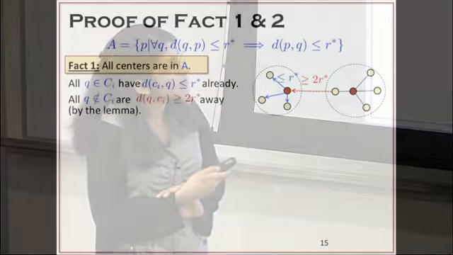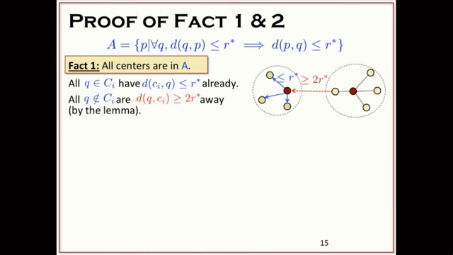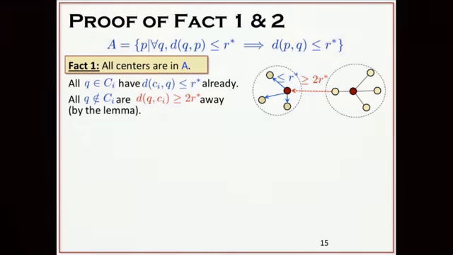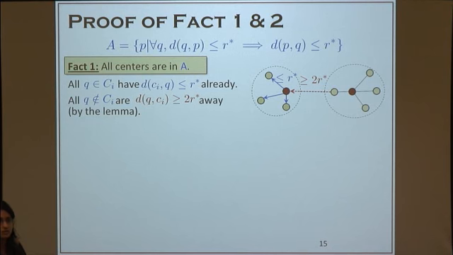So the center is naturally always in that set, except if there was a point that was not in the same cluster, but pointing to you with a distance of r star. But our lemma says that this just cannot happen, because the distance of such a point is at least 2r star. So any center always satisfies this implication, and any center, therefore, is always in set A.